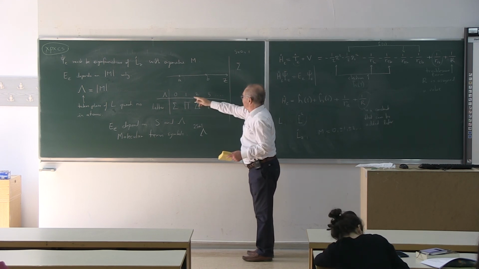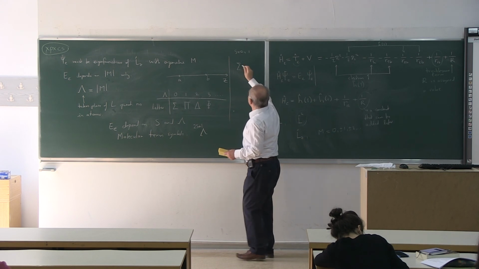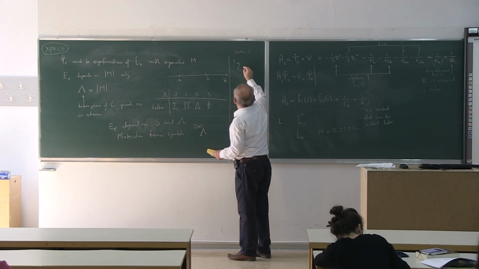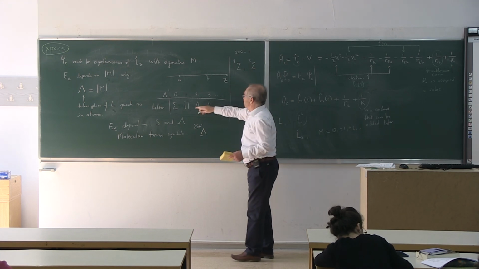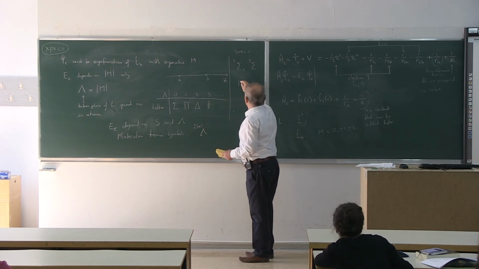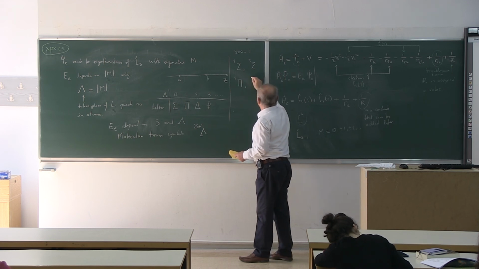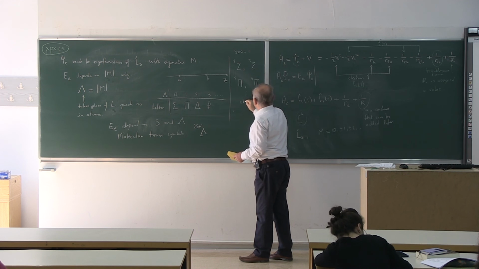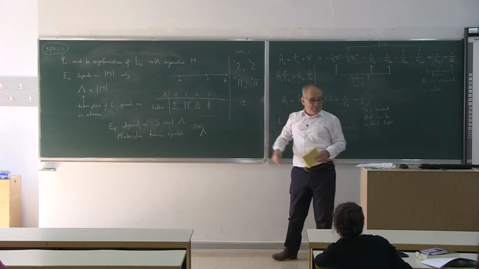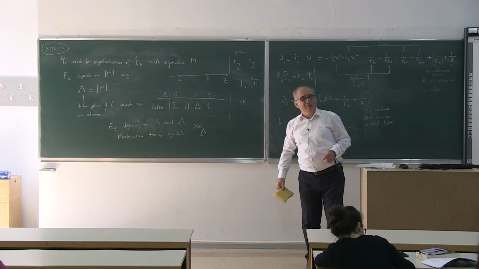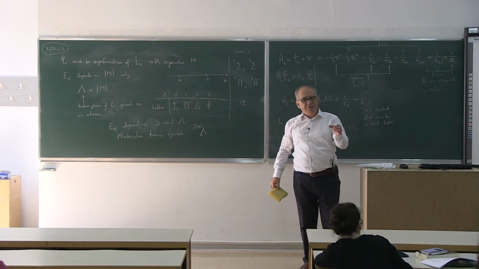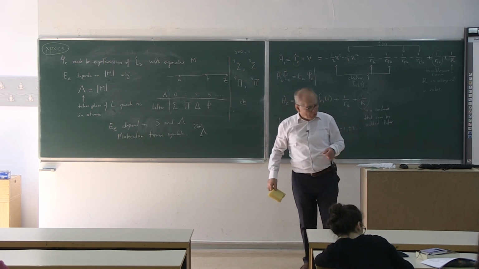If lambda is 0, we have sigma states, singlet sigma, triplet sigma. If lambda is 1, we are talking about pi states, singlet pi, triplet pi, etc. These are the possible term symbols for the electronic states of the H2 molecule.